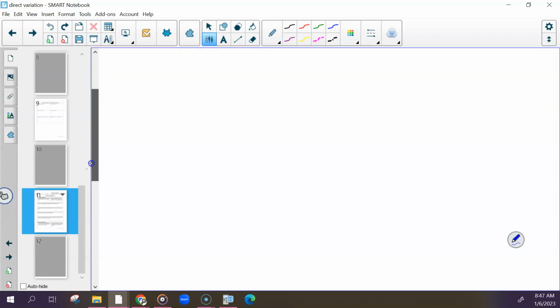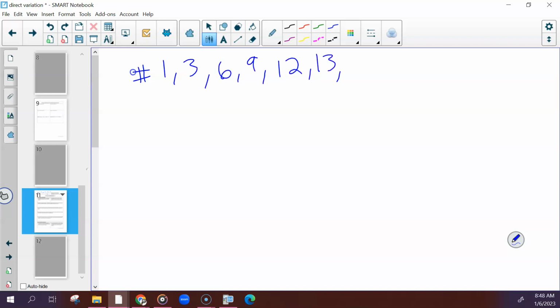So instead of going through and circling them all, I'm just going to write them all down. So you can work on the 2 Khan Academies that are due today, if you haven't already. Use this time wisely. I'm going to give you about 20 minutes to do so. Or you can be doing these problems in the last pages, the practice pages where it says homework. So these numbers, 1, 3, 6, 9, 12, 13, 14.